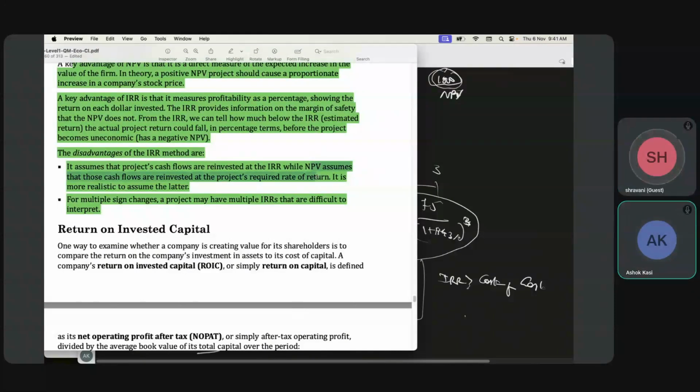Whereas the NPV assumes that it is reinvested at the projected required rate of return, which was 9% for us. So 9% is practical, but to say 19% is not practical. That's why this is more realistic.